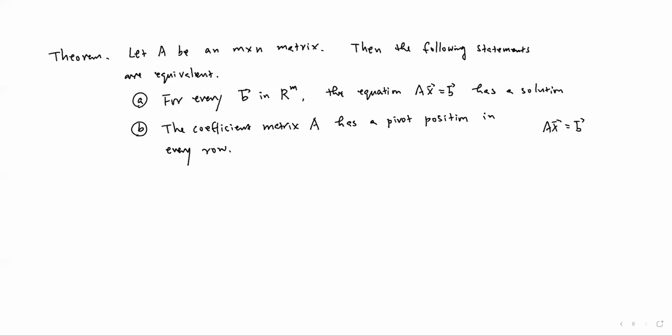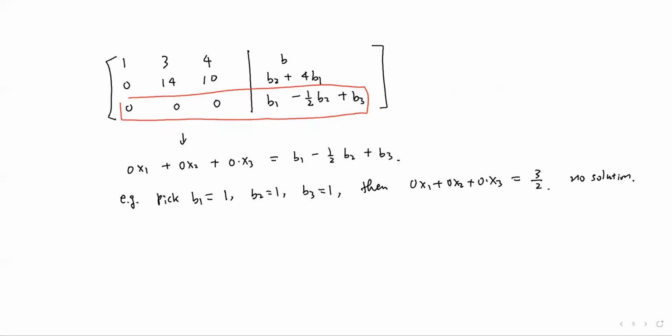In the previous example, not every row in the coefficient matrix has a pivot number. Row 3 doesn't have a pivot number.